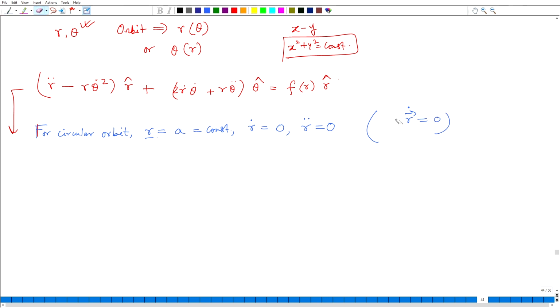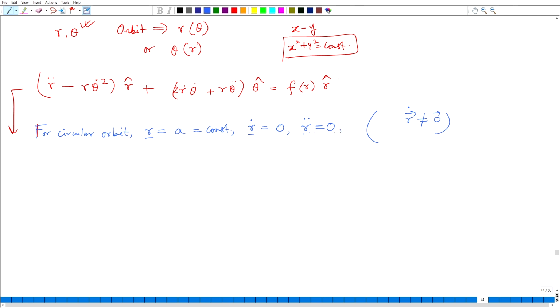Okay. That means that r vector dot is not equal to 0 vector. Okay. It is only their magnitudes are constant, and that is why their derivatives are also identically constant. Okay.